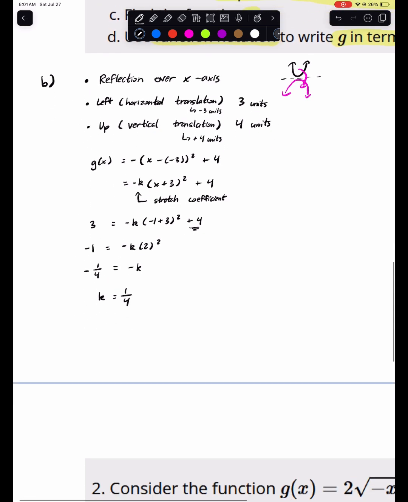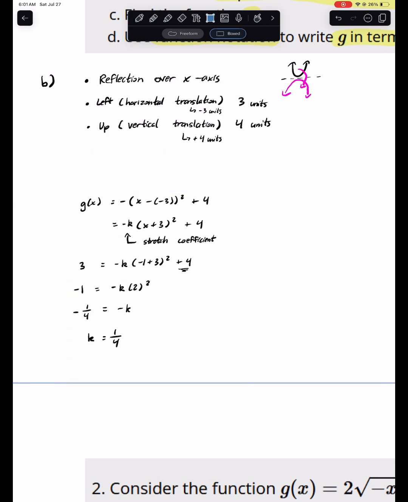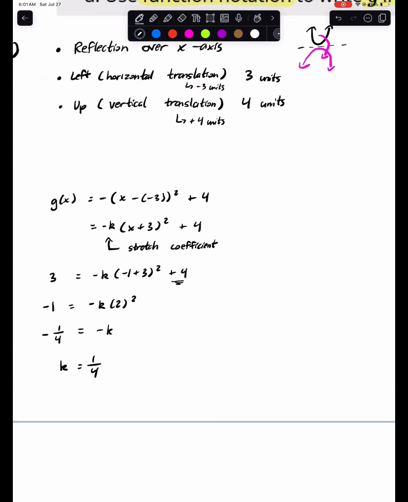With this k of 1/4, since I solved the k for outside, when k is outside, this is for a vertical stretch.